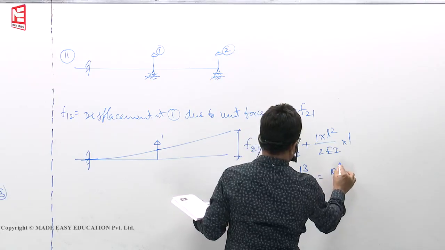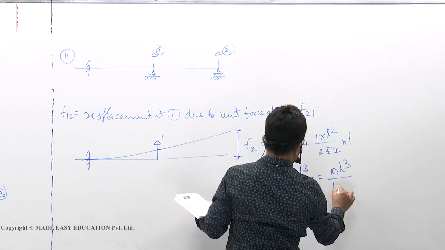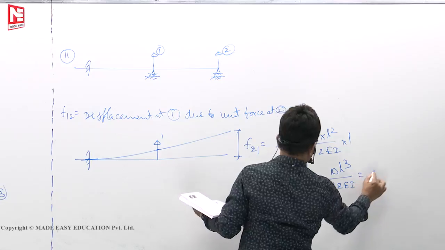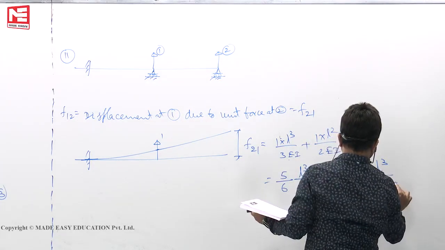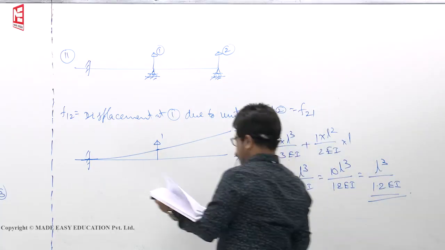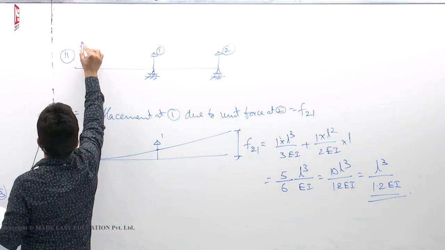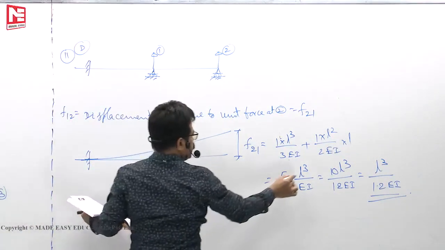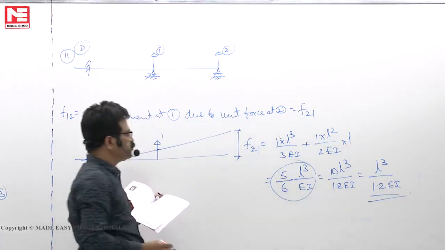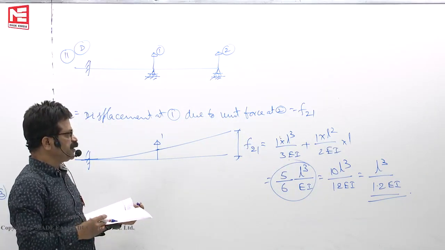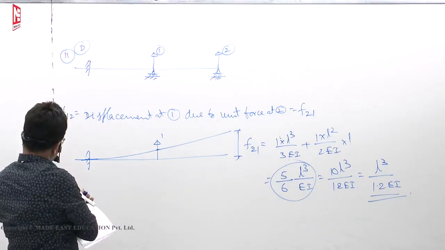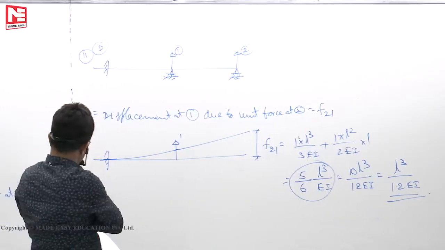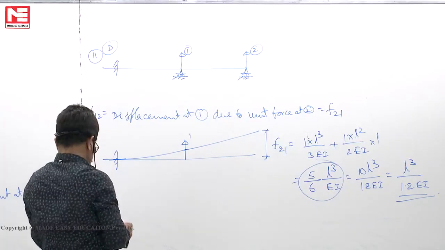This you can write 10L cube by 12EI. We can write it as L cube by 1.2EI. So D is the option. In the regular classwork, I stopped here, 5L cube by 6EI. That is nothing but 1 by 1.2 only. So flexibility matrix is given, corresponding stiffness matrix. This we know how to manage.